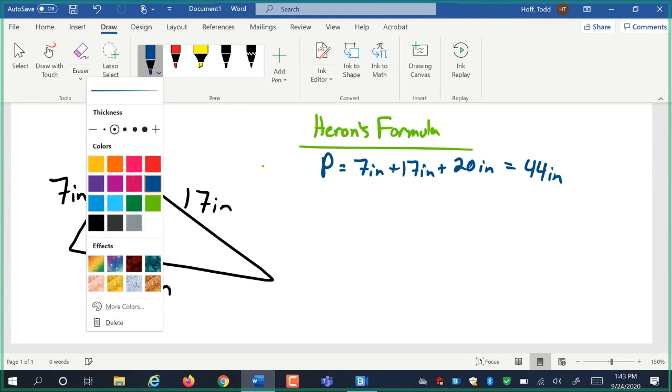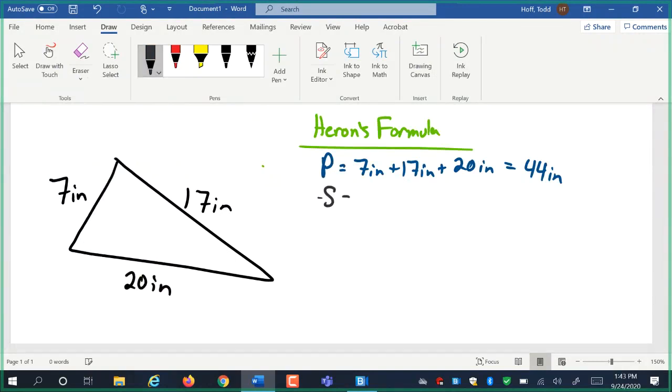And then here, I'm defining something called a semi-perimeter, called S, which was just the perimeter divided by 2. So 44 inches divided by 2 is 22 inches.